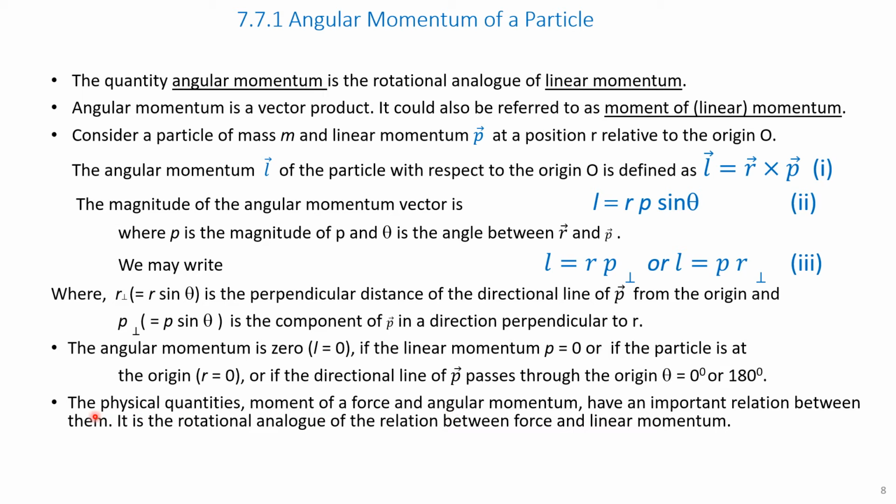Next point, the physical quantities moment of a force and angular momentum have an important relation between them. It is the rotational analog of the relation between force and linear momentum.